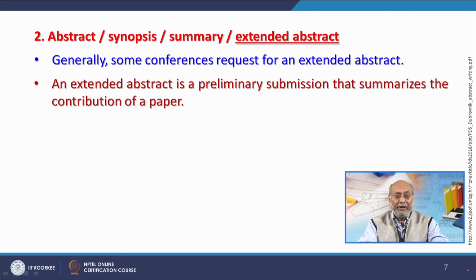Normally, this is the convention in conferences, and if they find it suitable for the conference, it would be accepted. However, if it does not match the theme of the conference or is not nicely written, the results are not presented, or there is nothing new in the research work or your article, then there are chances that it might be rejected.